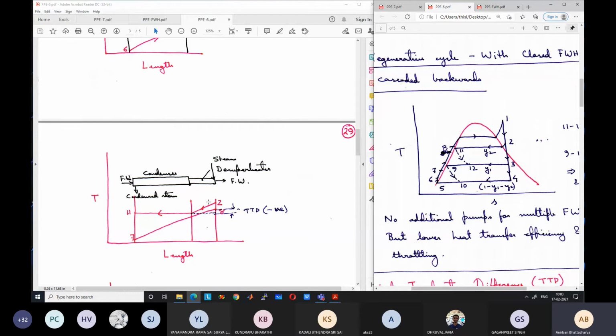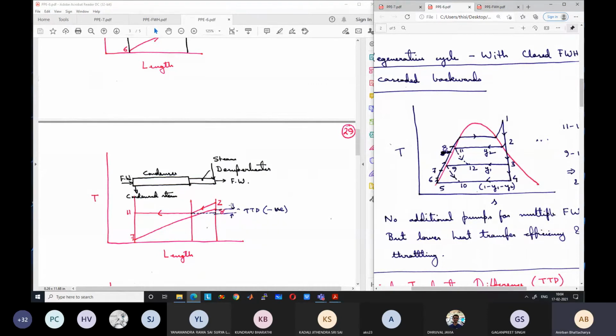So its temperature has gone beyond the saturation temperature, but still has to be lower than T2, because otherwise there cannot be any heat exchange. So in this case, the TTD, terminal temperature difference, is negative and is defined by the diagram as shown here: T11 minus T8. So it's a negative terminal temperature difference.